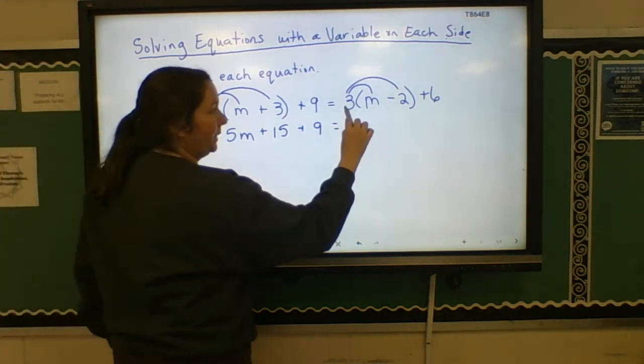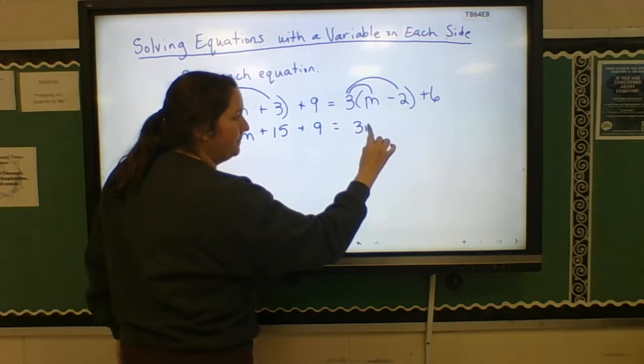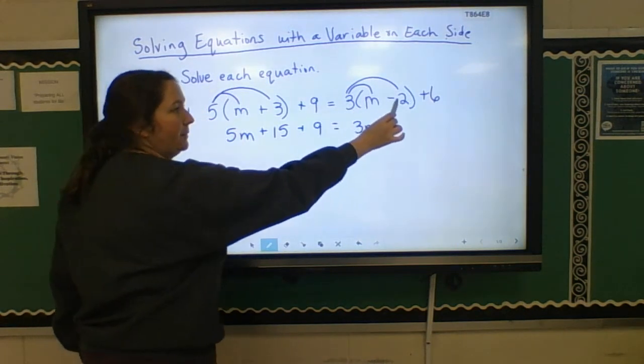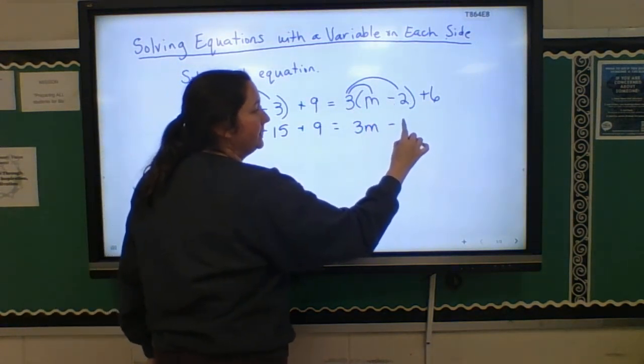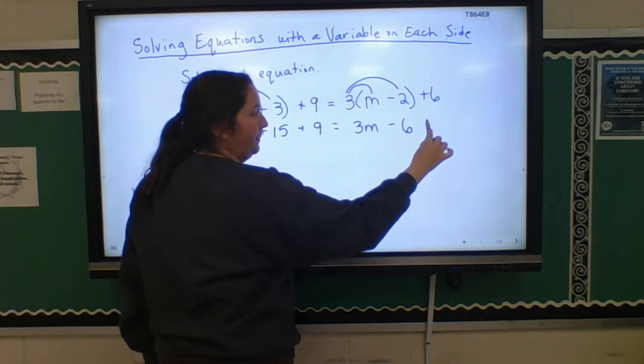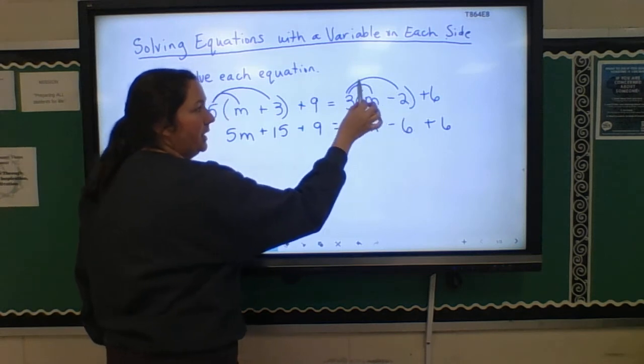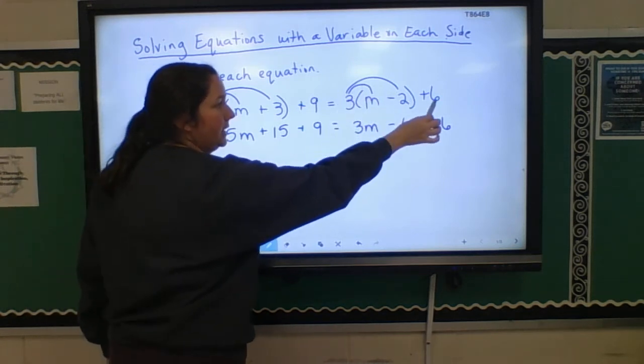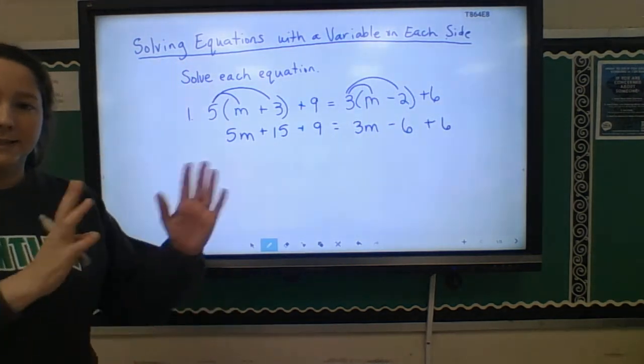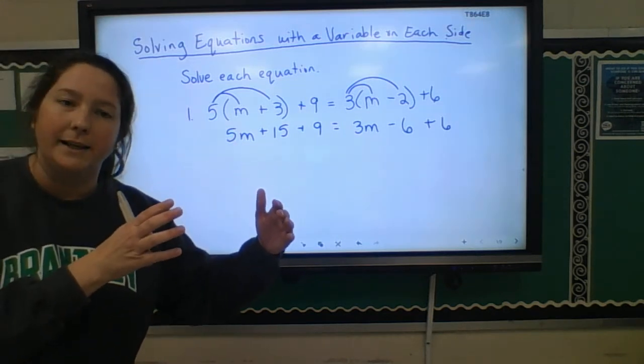So 3 times m is 3m, and then 3 times 2 is 6, and then plus 6. And again, you cannot distribute the 3 to the 6 because the 6 is not inside the parentheses.